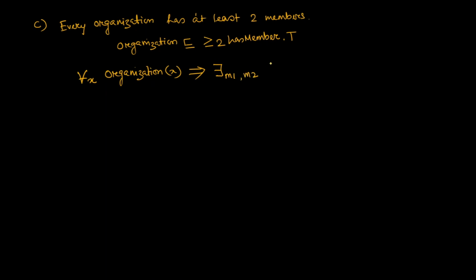First we assert that this M1 and M2, they are not equal, they are different. And then we say as member X,M1 and as member X,M2.